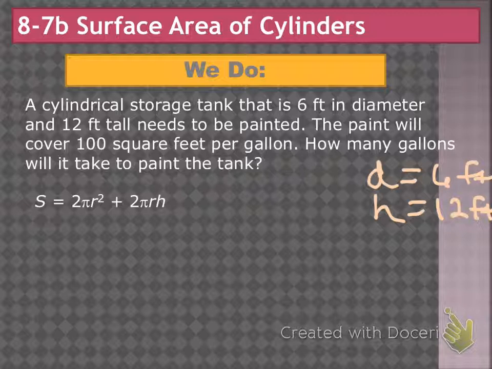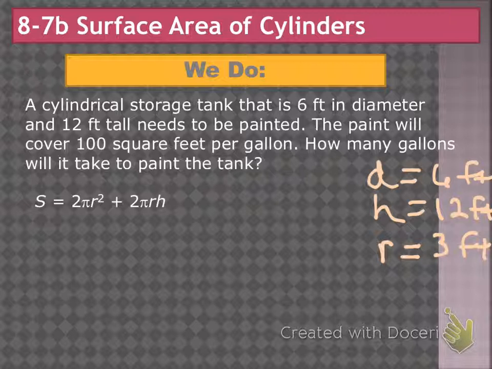So make sure you answer the question, but first we're going to need to find the surface area to find out how many square feet need to be covered. But remember, we're given the diameter, and in our formula we use the radius. And the radius would be half, or divide the diameter by 2. So the radius would be 3 feet.